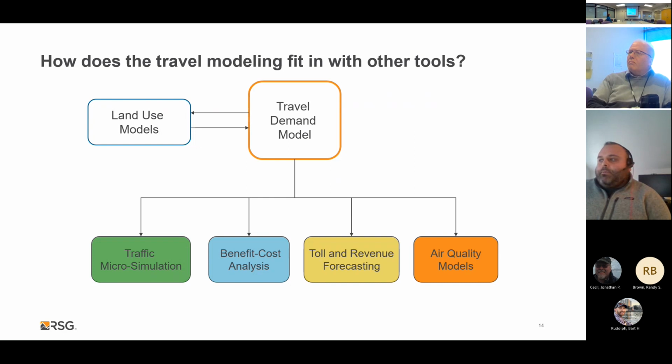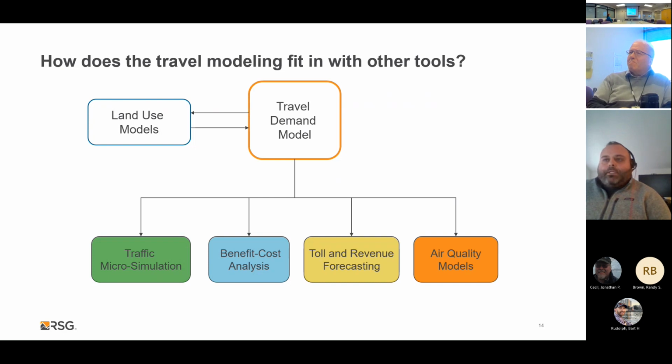That can include traffic microsimulation, user benefit analysis for benefit cost analysis, revenue forecasting models, air quality models. And there's lots of other tools here too. So this Vision Eval would be another tool that we would include in here for strategic planning. And these can all interact with each other.